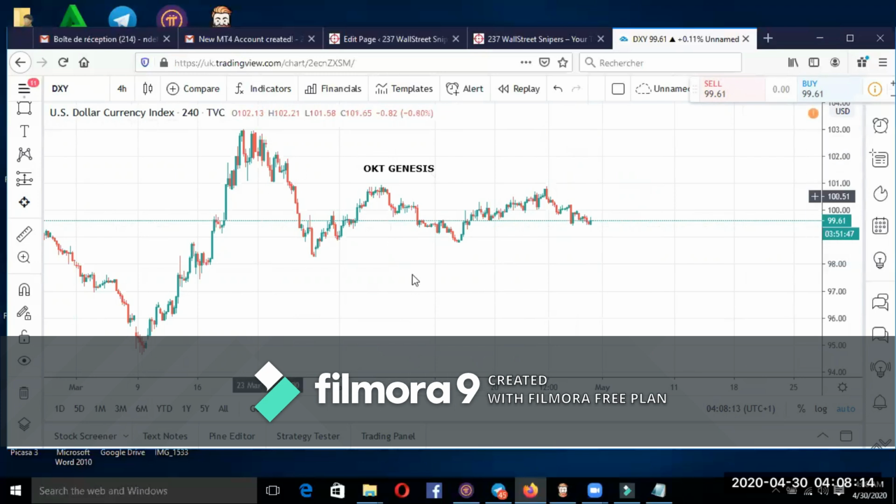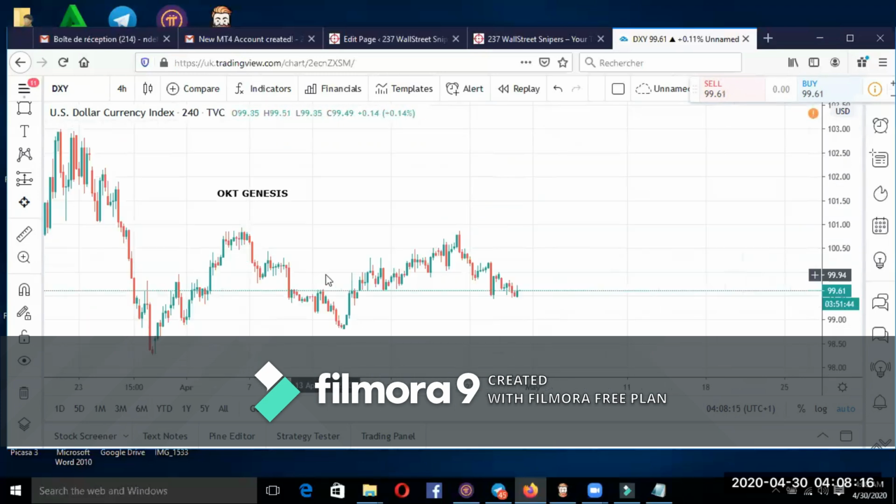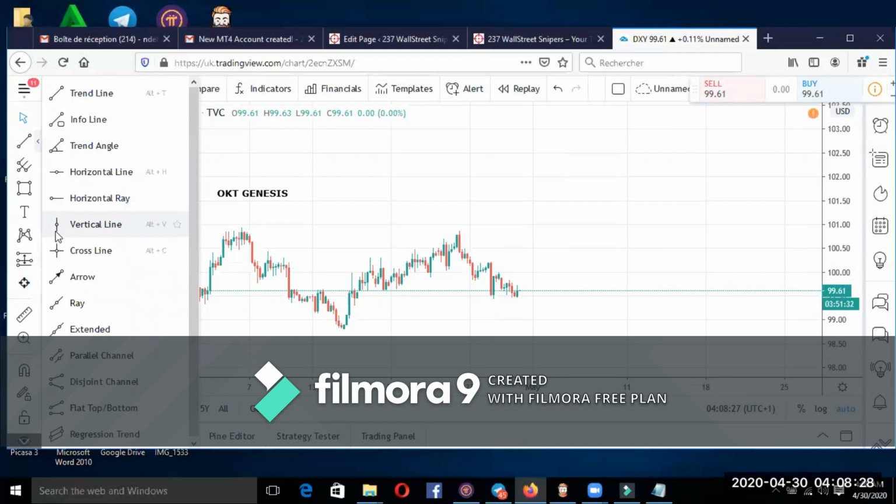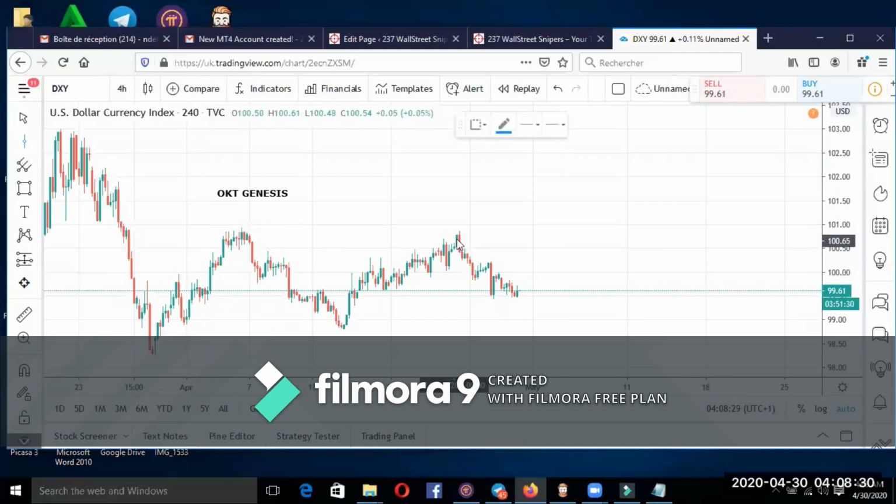We see how the dollar index has been bearish all this while since the 24th of April. Let me put a line here so that it's simpler for you to understand. So we see the dollar index being bearish since 24th April.